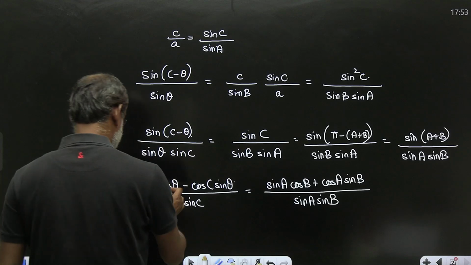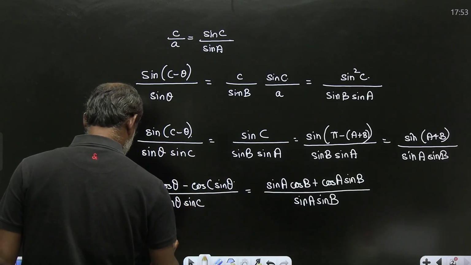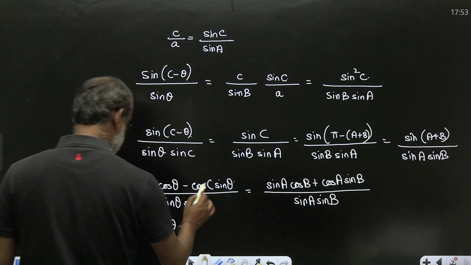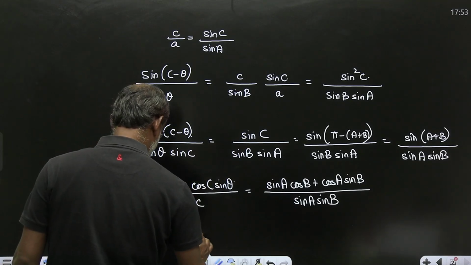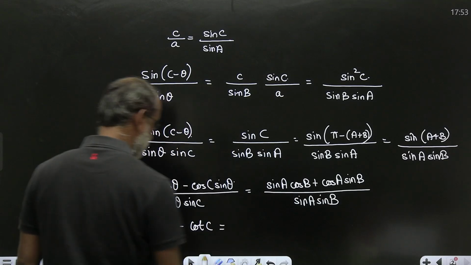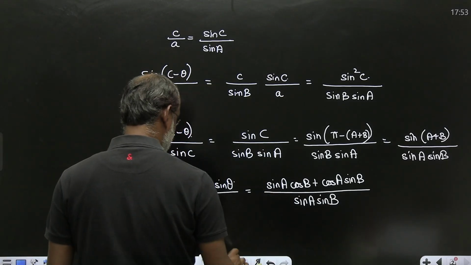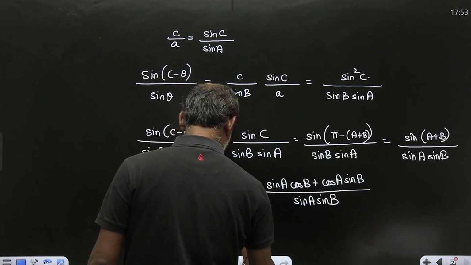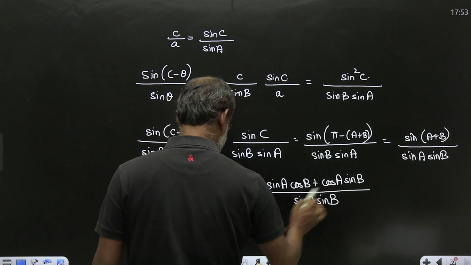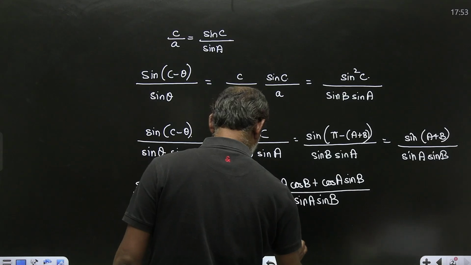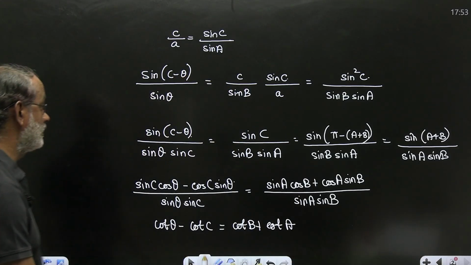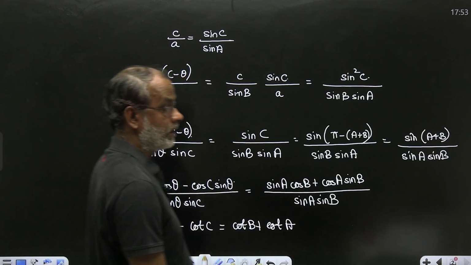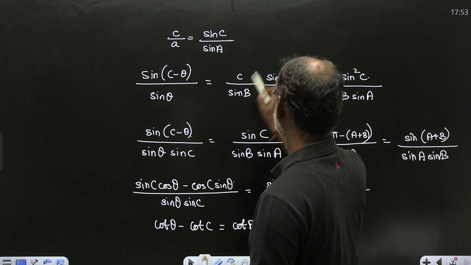So sine C gets cancelled out, you get cot theta. Here sine theta gets cancelled out, cot C is equal to cot C. Sine A gets cancelled out, you get cot B. Sine B gets cancelled out, you get cot A. So cot theta is cot A plus cot B plus cot C.